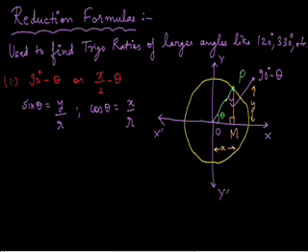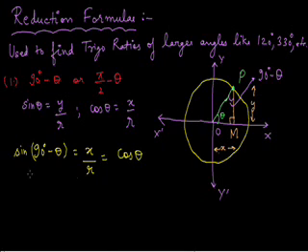Now let's talk about sine of 90 degree minus theta. So sine of 90 degree minus theta will be perpendicular upon hypotenuse. For 90 minus theta, the perpendicular would be OM, and OM is in the positive direction of the x-axis. So I will write x only, upon the radius. But we know that x upon r is what? Cos theta.